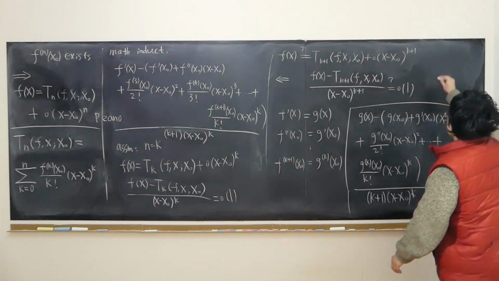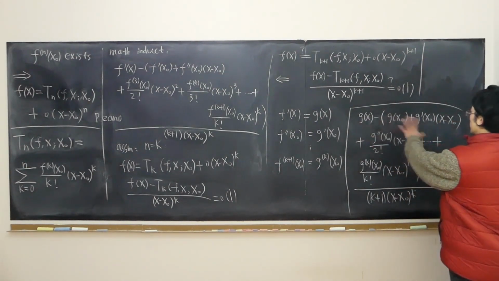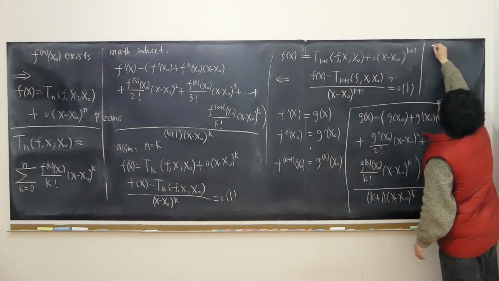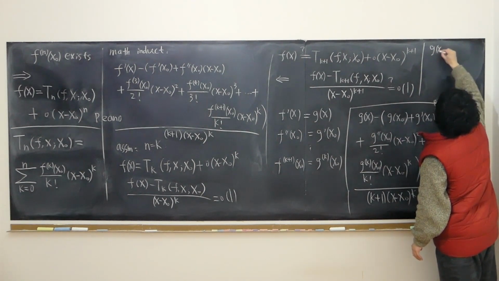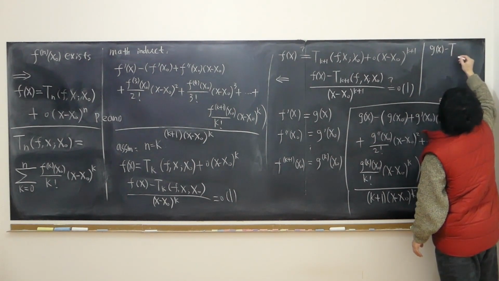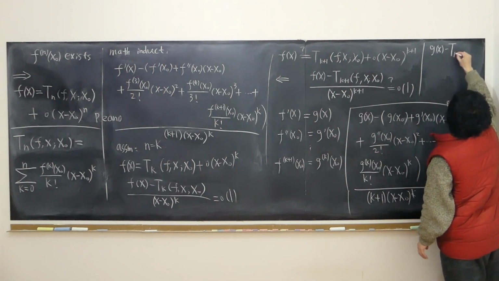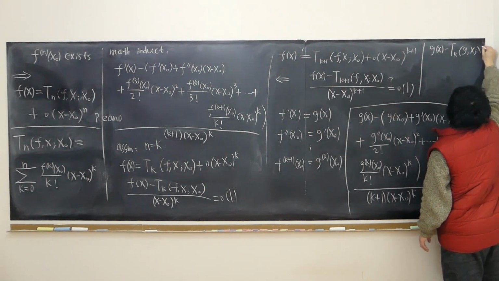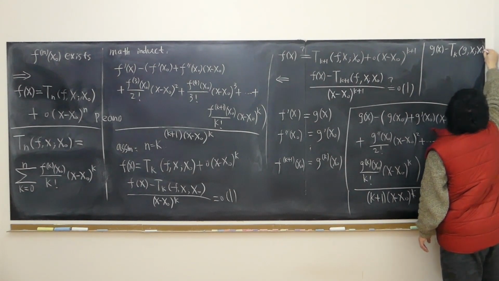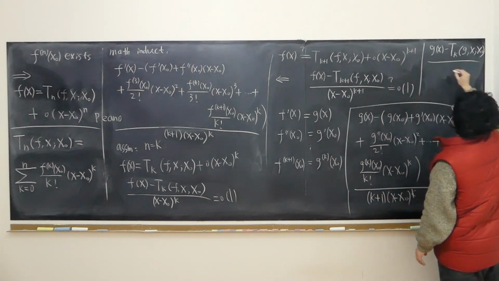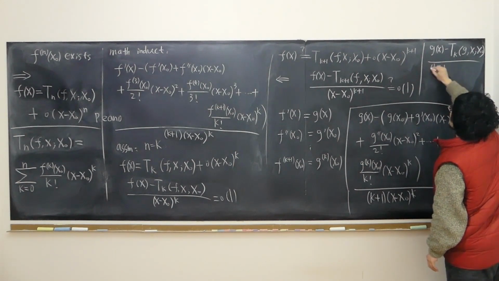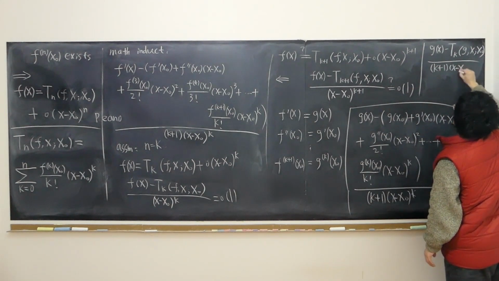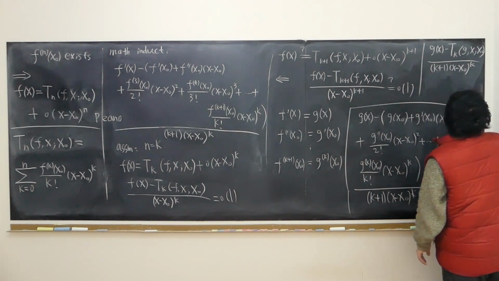So it can really be written as g of x minus the Taylor polynomial of degree k with respect to the function g using the variable x at x naught, over k plus 1 times x minus x naught to the power of k.